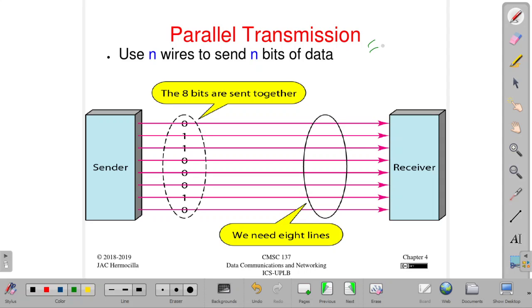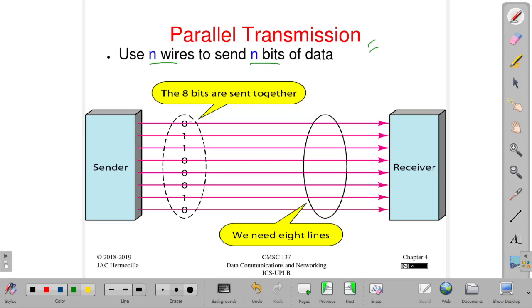Now, in parallel transmission, we have n wires to send n bits of data. So basically, one line or one wire would represent 1 bit. For example, here we have 8 lines that will allow us to send 8 bits simultaneously, in one shot, in one cycle.